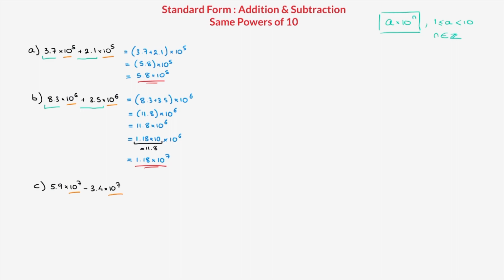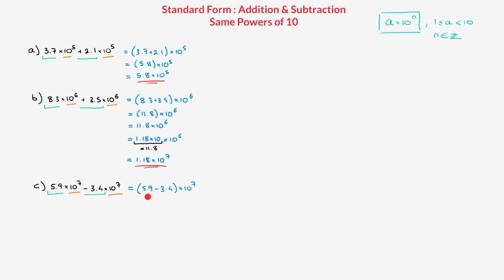And consequently, to calculate this subtraction, we can write it in factored form and state that it's equal to, in parentheses, 5.9 minus 3.4. So that's 5.9 minus 3.4, close parentheses, times 10 to the power of 7.